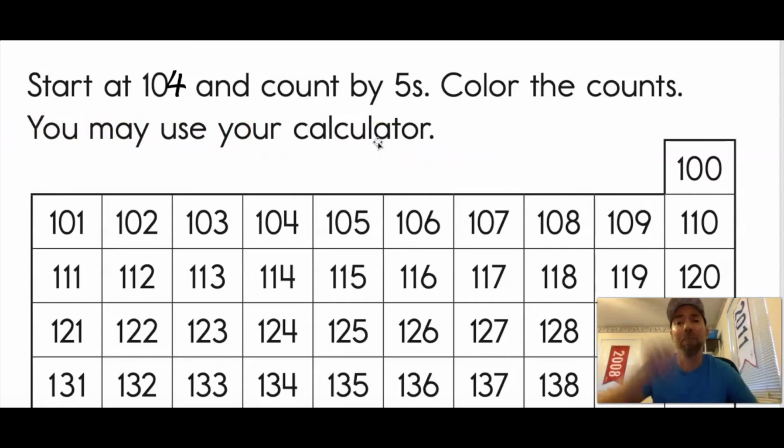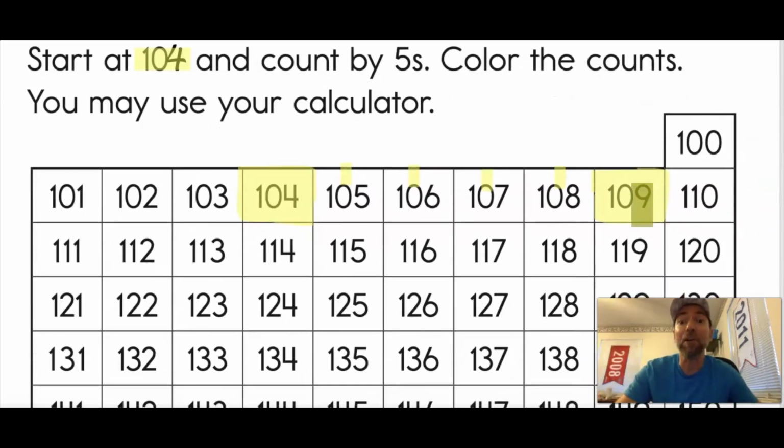I can just hop on a number grid. So I have to start at 104. Oh, here's 104. There it is. And I have to count by 5s. So I'm going to hop 5. 1, 2, 3, 4, 5. There it is. I just skip counted by 5.